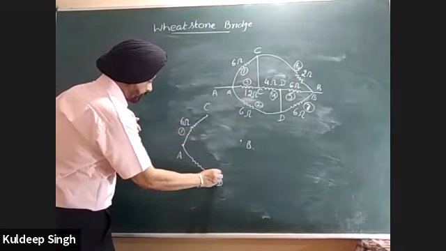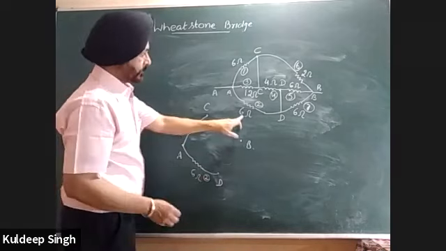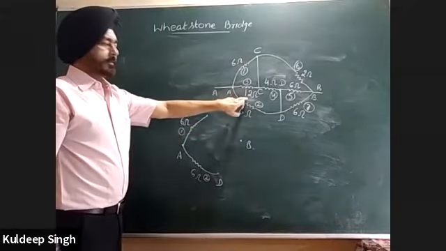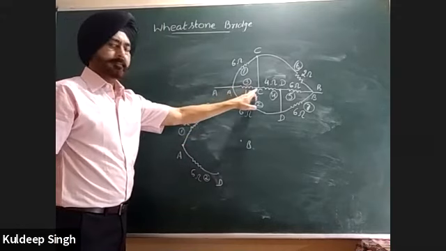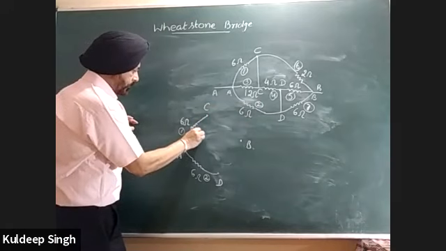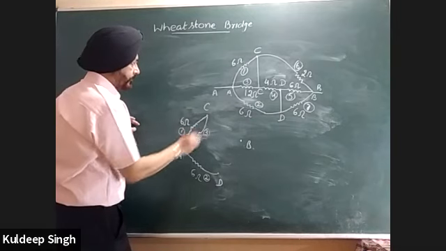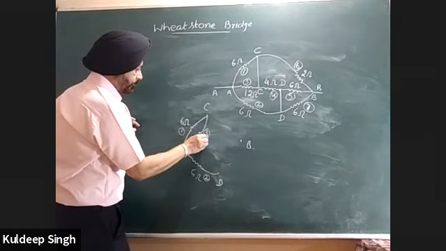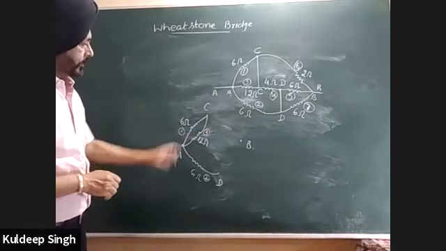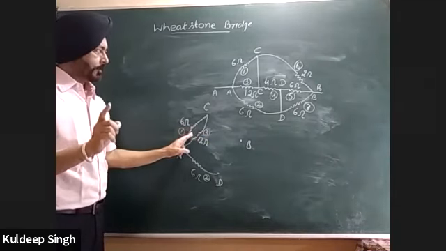To A and D. This is the second resistance, again 6 ohm. Where is the third one? Third resistance is again connected to A and C. So this point is A and this is C. It is the third resistance of 12 ohm. So they are parallel now. Both resistances will combine into one.